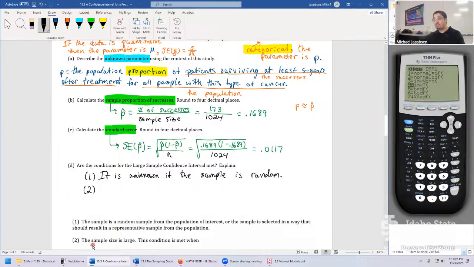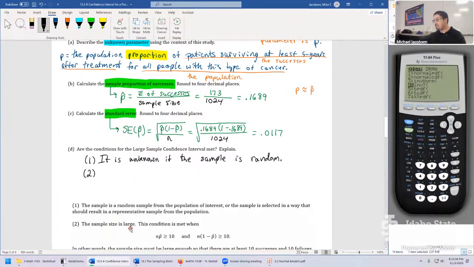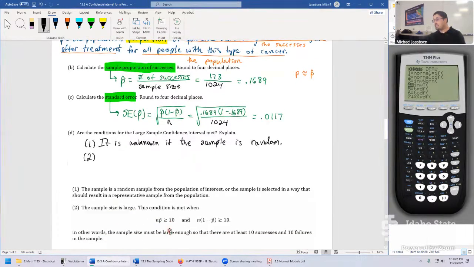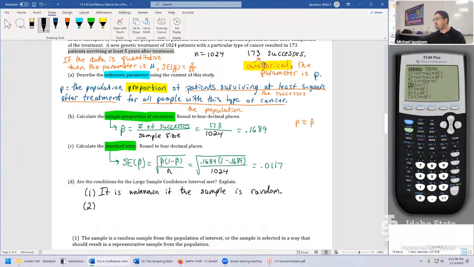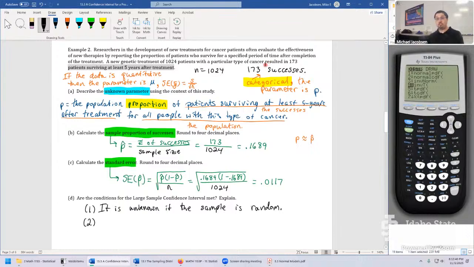But we can at least check condition two, if the sample size is large enough for the central limit theorem to work. What we need is the number of successes in the sample and the number of failures in the sample to be at least 10. Sometimes we use this formula, and you could because you've got p hat right here. But other times the problem just tells you the number of successes, and that's the easiest way to do the problem in this case.